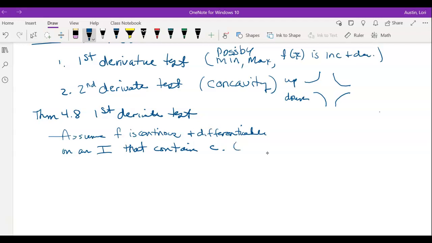Remember, we find those critical points, and then we determine if those critical points are actually maxes and mins and everything else. Critical points are important. c stands for any critical point.